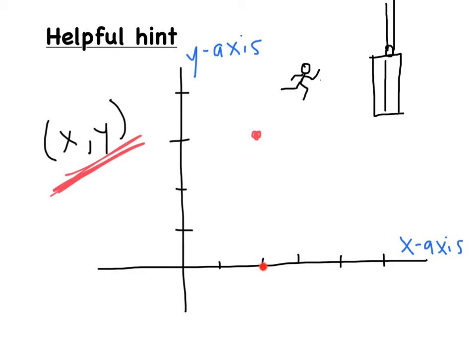And then to get to the point, the elevator has to go up. So from here, we would go to the right 2, which would be 2 on our x-axis, and then we would have to go up to 3. So our final point, our ordered pair, would be (2, 3).